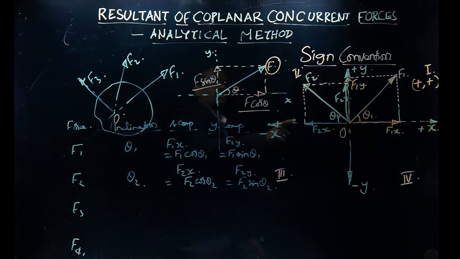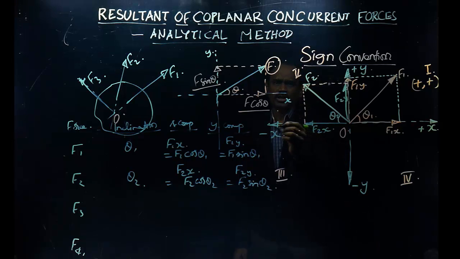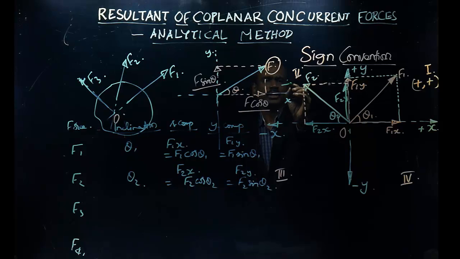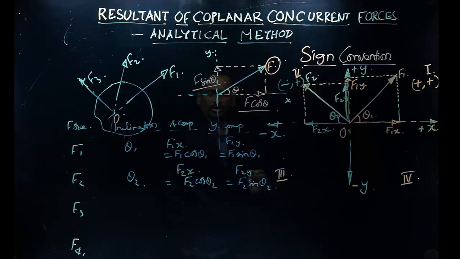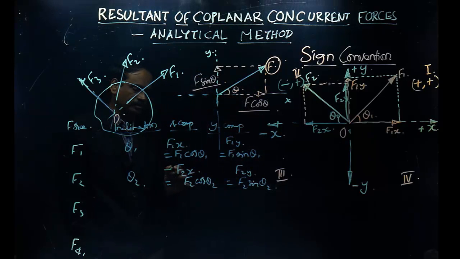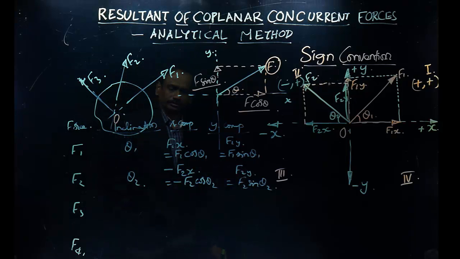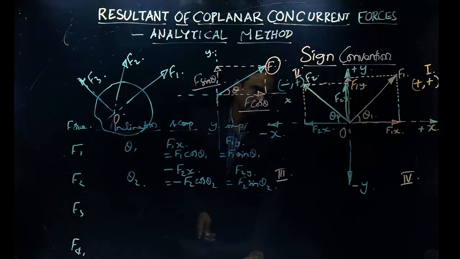Now if you look at the direction in which the components are pointing, F2x is pointing along the negative x-axis, whereas F2y is pointing along the positive y-axis. So in the second quadrant, the x component will be negative and the y component will be positive. So here we have to put a negative sign, and F2y will remain positive. Let's assume a third force which is directed in this direction.